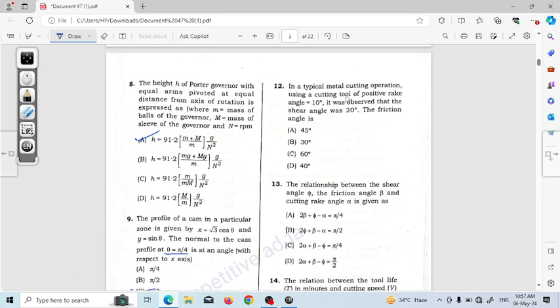Next, in a typical metal cutting operation, given positive rake angle alpha is 10 degree and it is observed that the shear angle is given as 20 degree. You have to find the friction angle.